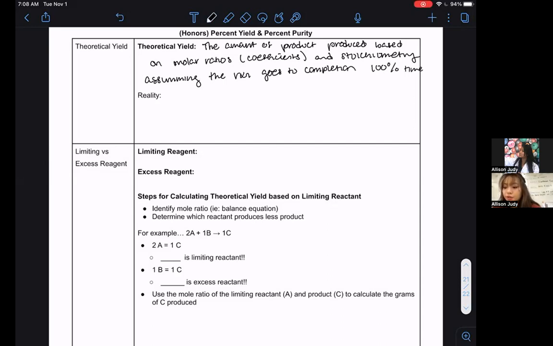Okay, so there's a reason that we say it's theoretical. Like all things being perfect, this is what our math tells us that we should get.